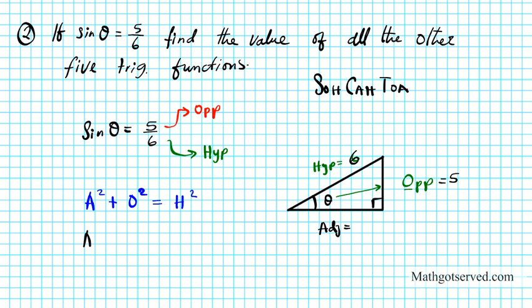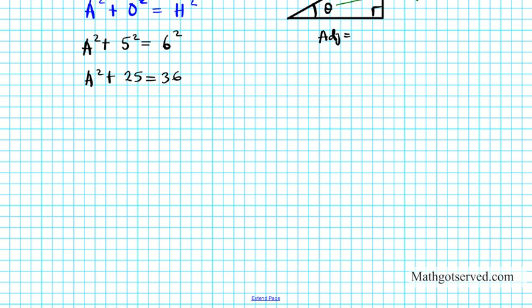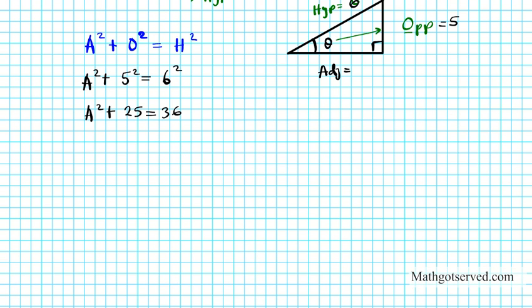A squared remains A squared since we don't know what A is. O is 5, so 5 squared equals the hypotenuse squared, which is 6 squared. So let's work this out. We have A squared plus 25 equals 36. To get A by itself, we'll subtract 25 from both sides and take the square root.